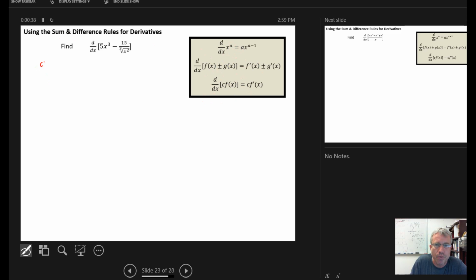So the first one says find d dx of 5x cubed minus 15 over the third root of x squared. And now I want to recognize I have a difference of two functions.